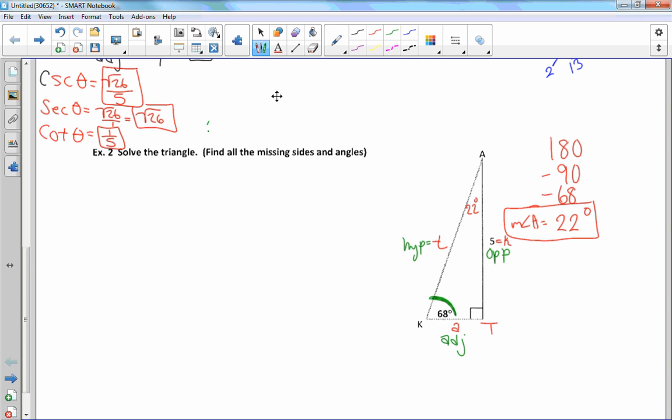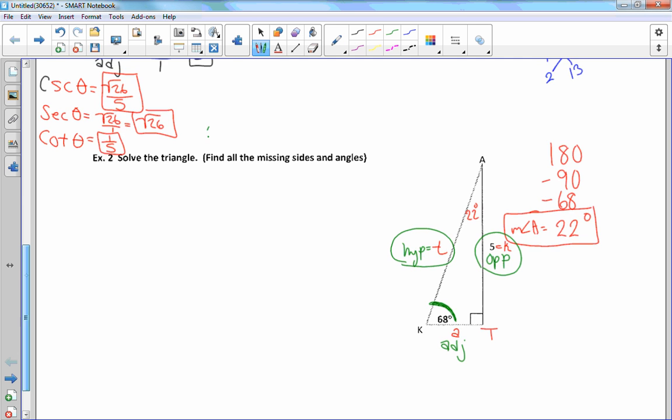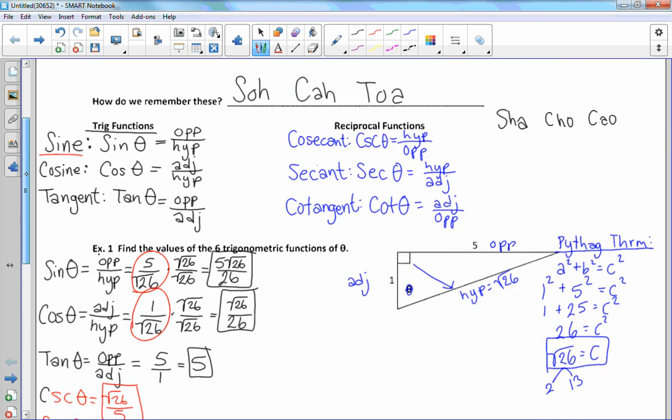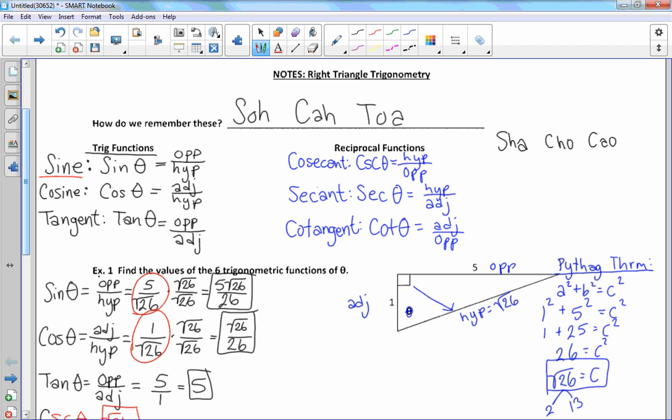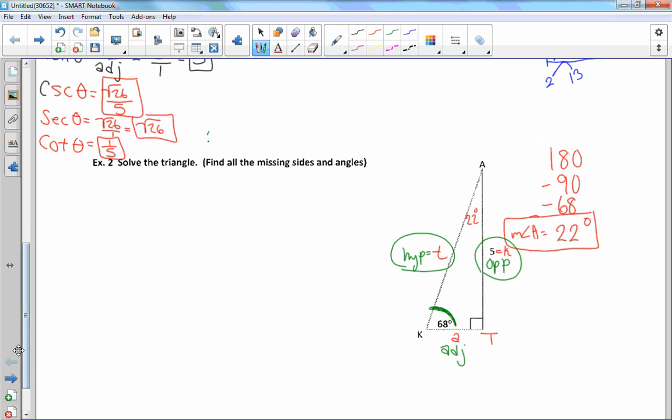Okay, so let's look at the information we know. Say we want to find T first. T is the hypotenuse, and the only other side we know is the opposite. Think about SOHCAHTOA, which one has an opposite and a hypotenuse? Sine, so that's the ratio we're going to use.